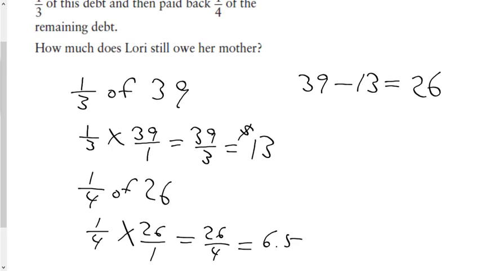Which means if she paid back a quarter of that $26, she paid back another $6.50. So the remaining debt, take away what she paid back, means she still owes how much money? $19.50. Now, that's the simple way. I'm going to show you the more complex way.